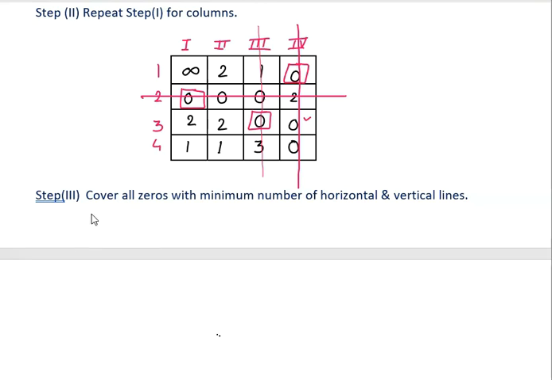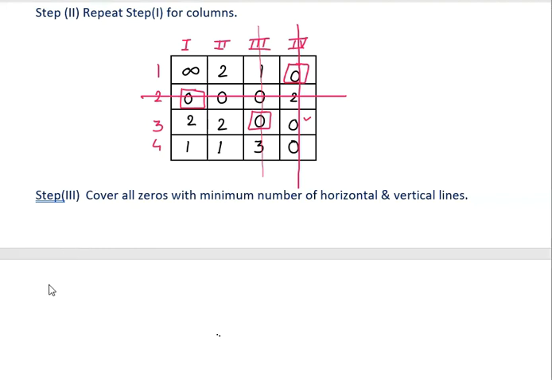Now we want 4 assignments, and there are only 3 lines, and 3 is not equal to the order of the matrix. So this is not an optimum solution.